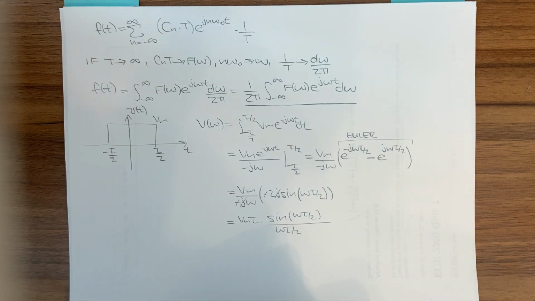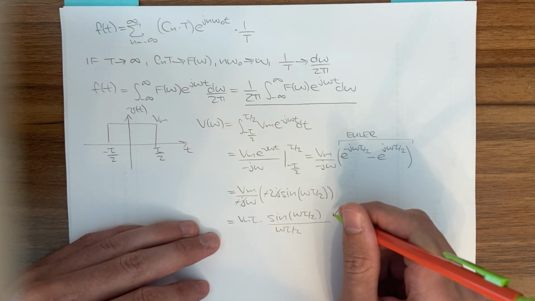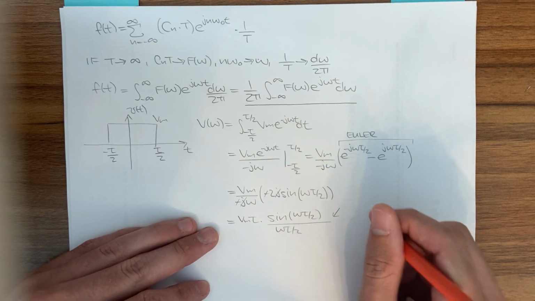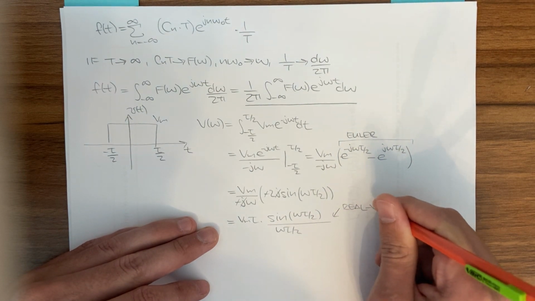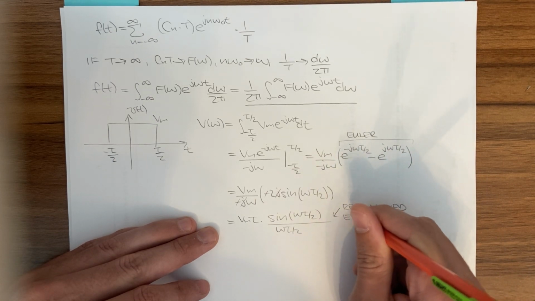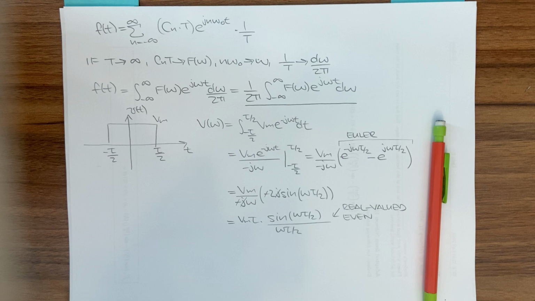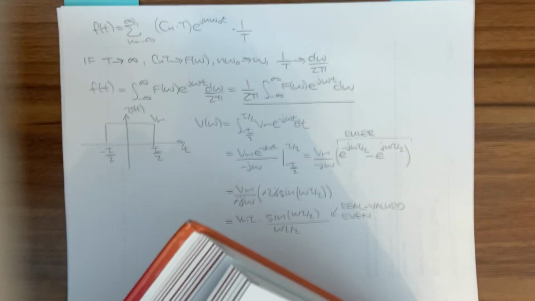What's interesting is that when you actually do this Fourier transform, the final form is all real valued. This is also an even function. Now, let me grab the book real quick. We'll see how the book plots this, rather than me trying to sketch it out. The book's graphics are going to look a lot nicer than whatever I can cobble together freehand.